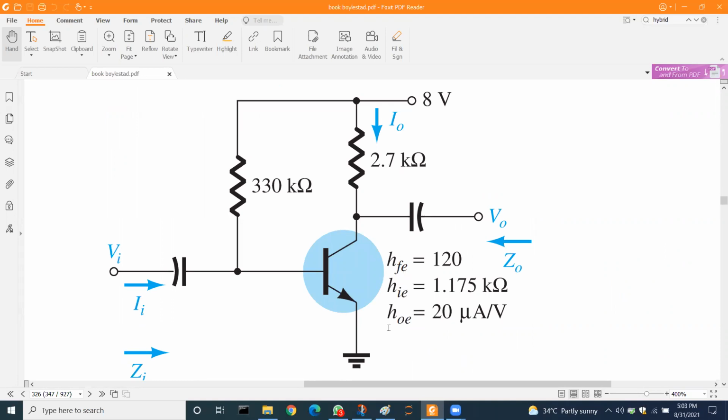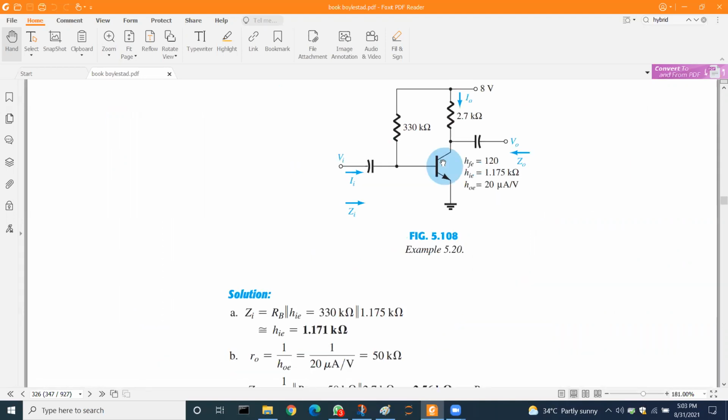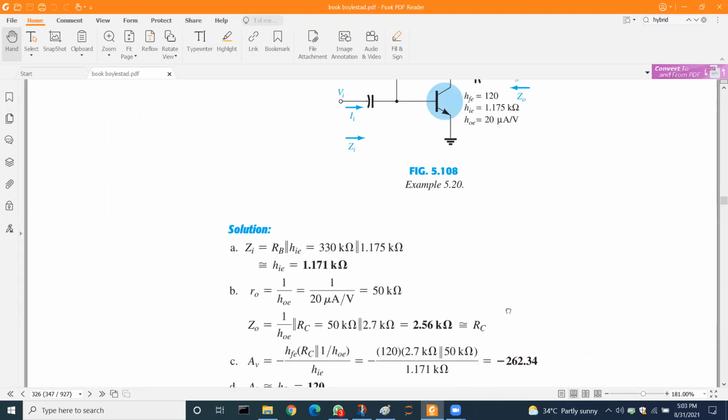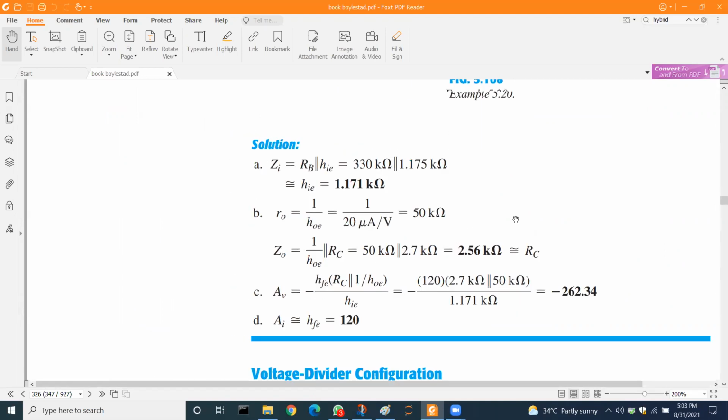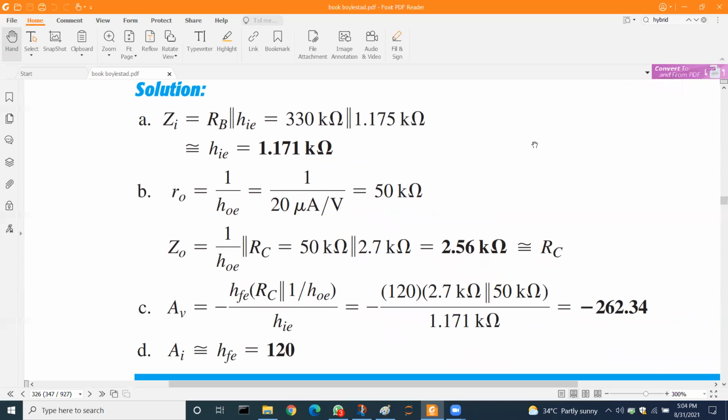Your task is to apply the formula and calculate the input and output resistance and the voltage gain. Okay, it is very easy: you just apply the formula, and you will get the result.